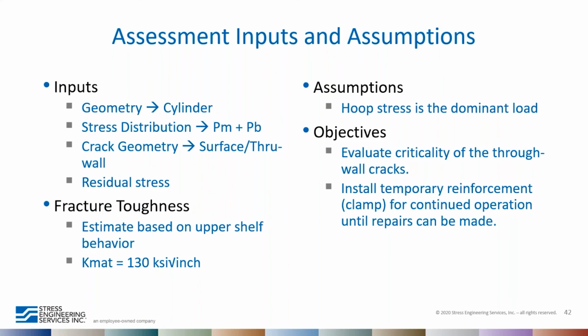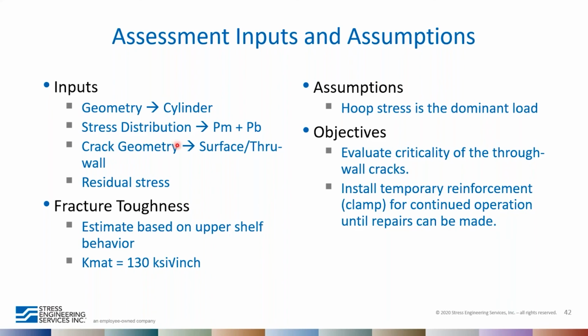So let's look a little bit at the inputs that we considered for the assessment. The geometry we're looking at here in this case is a cylinder, and we just used membrane plus bending stress distribution through the wall. This is primarily the hoop stress, because the cracks are axially oriented, they're subject to hoop stresses, basically. And then within that weld, we have residual stresses as a result of the crack being in the weld, but we also evaluated the base metal where there are no residual stresses.